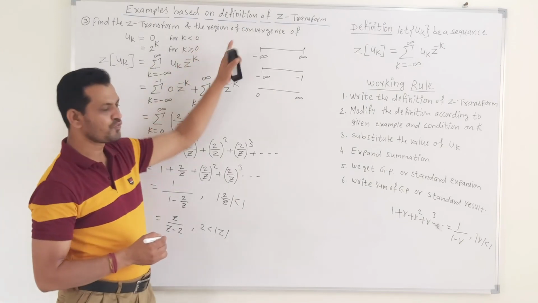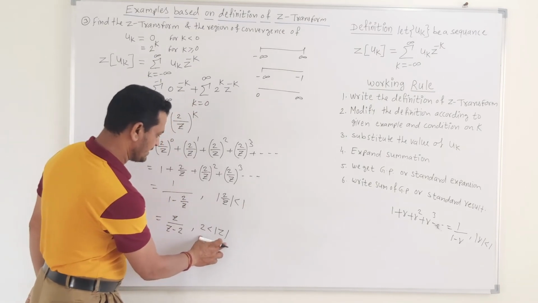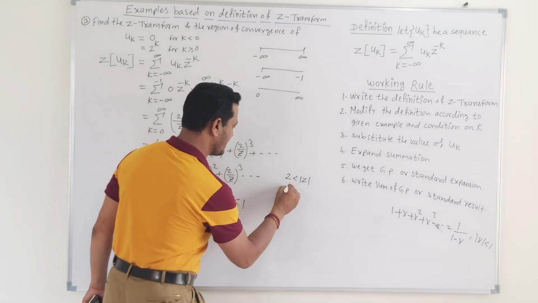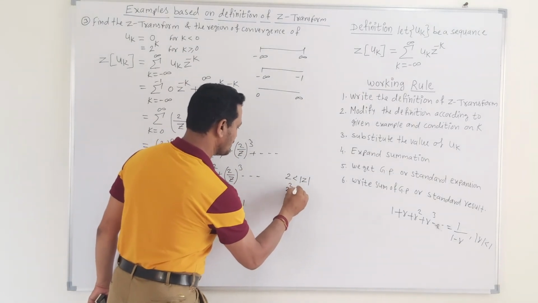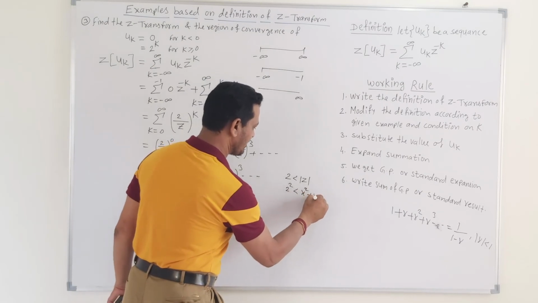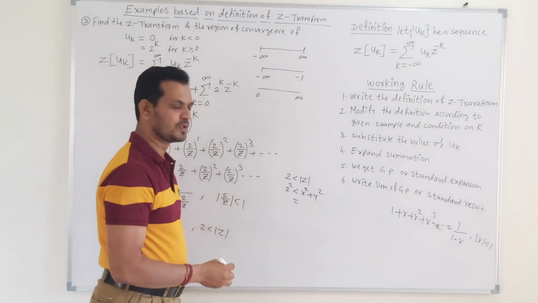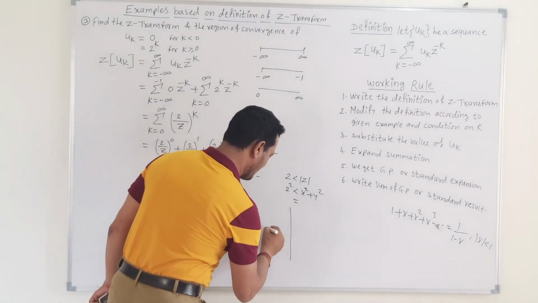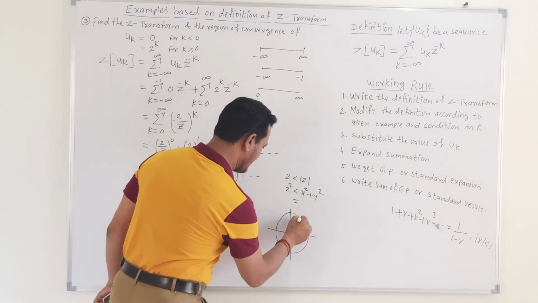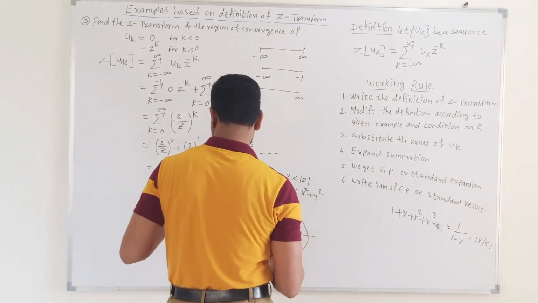Now the second question is to find the region of convergence. To get the region of convergence, concentrate on this condition: 2 is less than mod of z. If we square it, we get 2 squared is less than mod of z squared, and mod of z squared is x squared plus y squared. If we put an equal sign between these two terms, we know this is the equation of a circle having center at origin and radius 2.